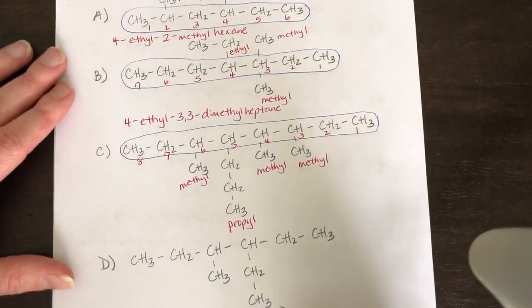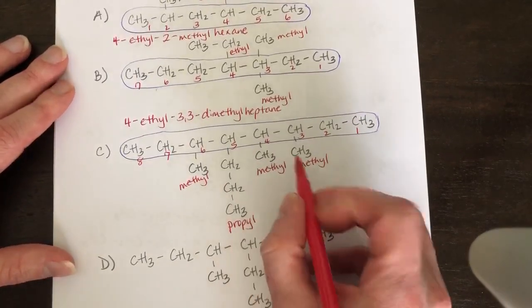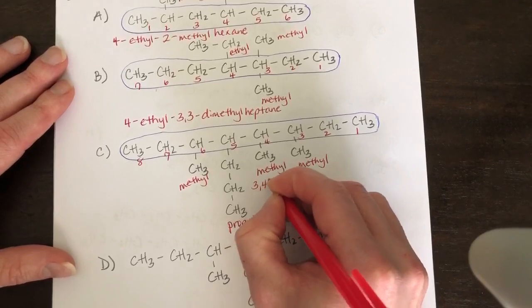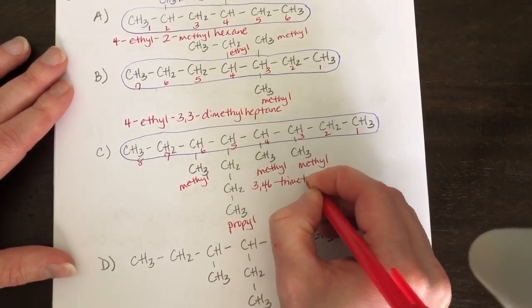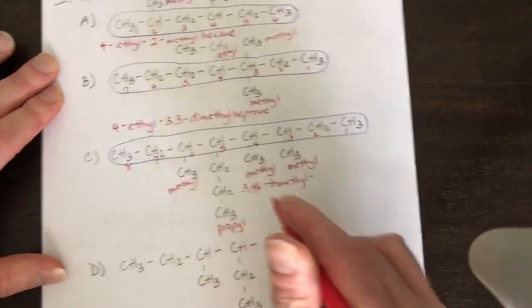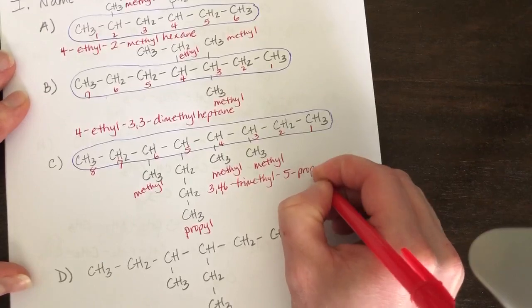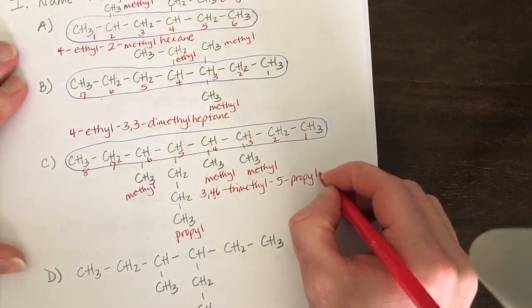So either one would be fine. So we're going to name this 3,4,6-trimethyl, 5-propyl, and our parent chain is 8 long, so this is going to be octane.